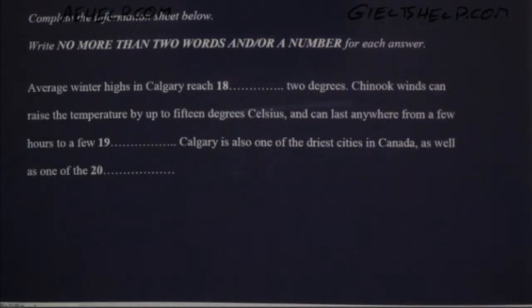It has these weather fronts called Chinook winds, which can blow through the city in the winter and temporarily raise the temperature by up to 15 degrees Celsius. These Chinook winds can last anywhere from a few hours to a few days, and they are welcomed with open arms by the people of Calgary. Calgary is also one of the sunniest cities in Canada, as well as one of the driest, which makes up for a lot of the cold weather.